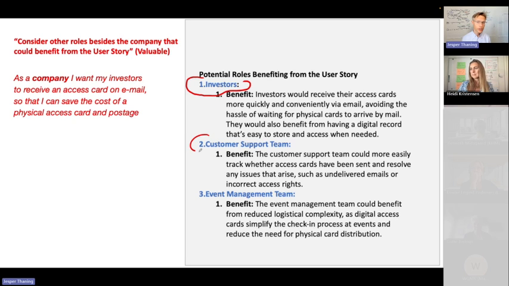We also have a customer support team. The customer support team might also have an idea about a good way of getting a new access card, because they have to help people with these access cards. And perhaps also an event management team if we have events at the company. So it really understands a lot about these INVEST criteria.